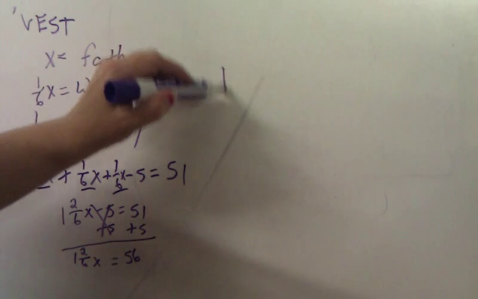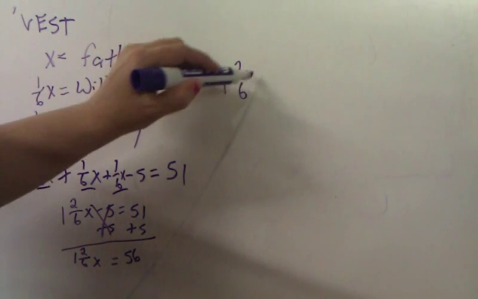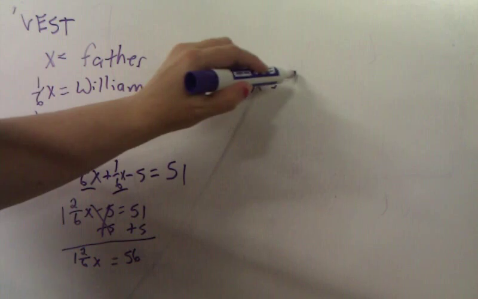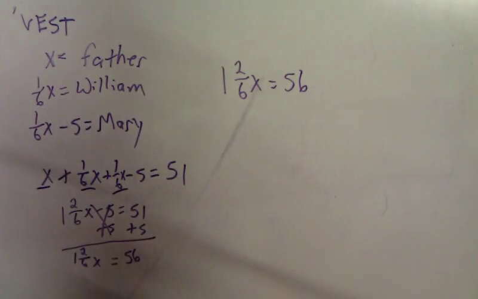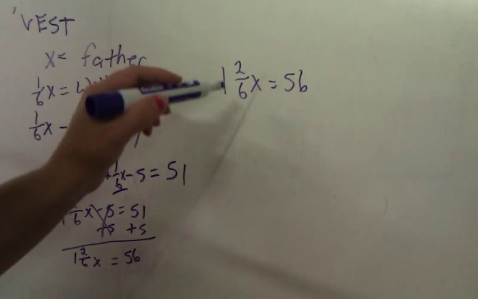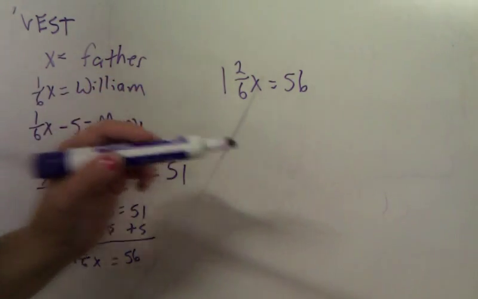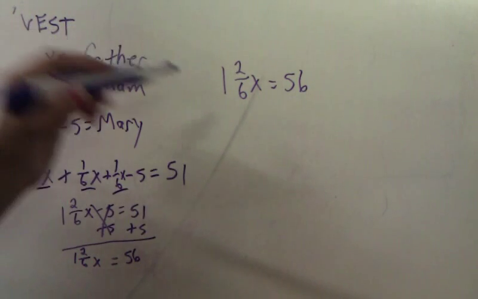I'm going to copy it up here because I'm running out of room. 1 and 2/6X equals 56. On your rules for fractions, in order to get rid of this, the first thing I'm going to have to do is turn it to an improper fraction.